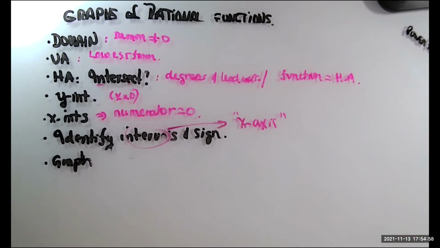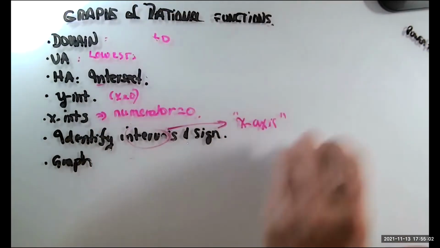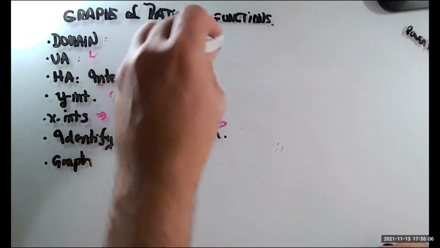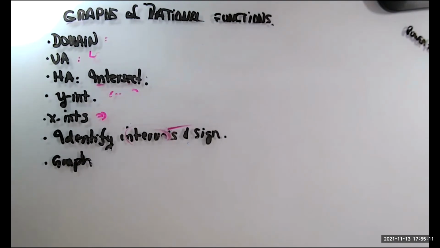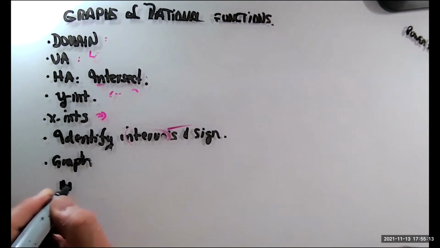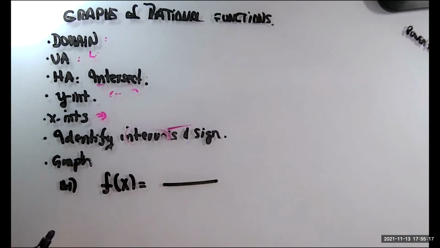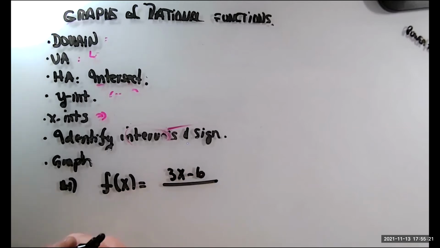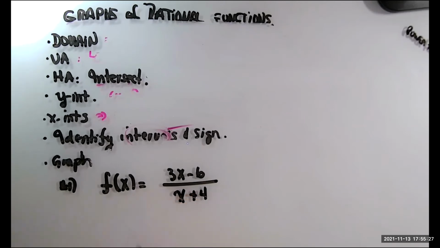So let's try one simple example. Let's see if I can keep my little template here. Example number 1: f of x equals 3x minus 6 over x plus 4.